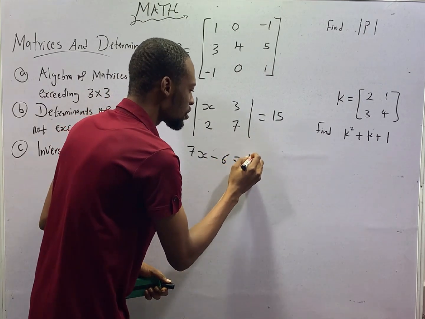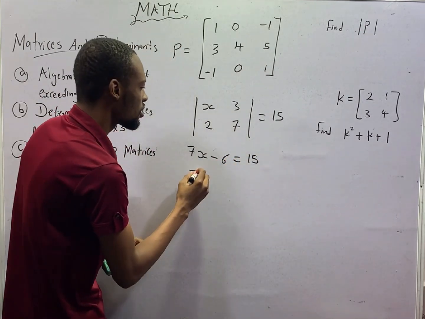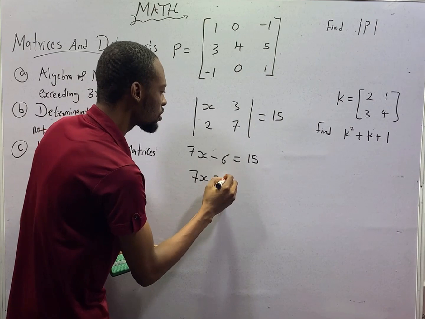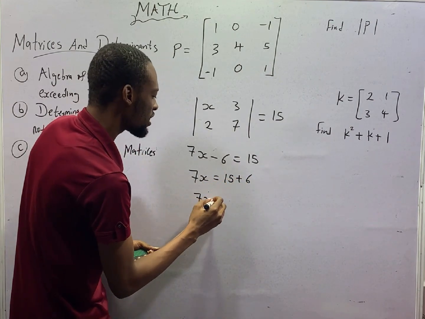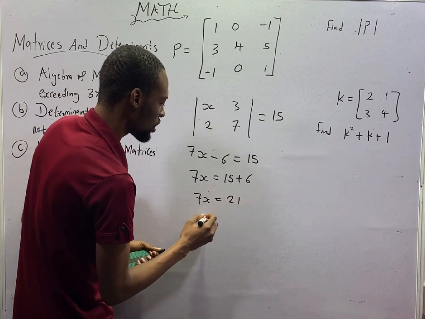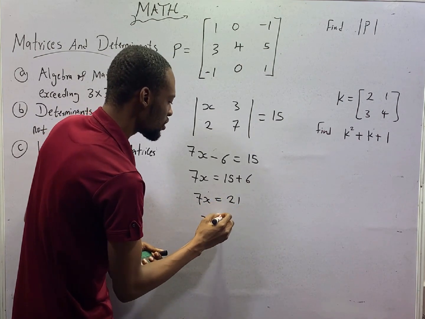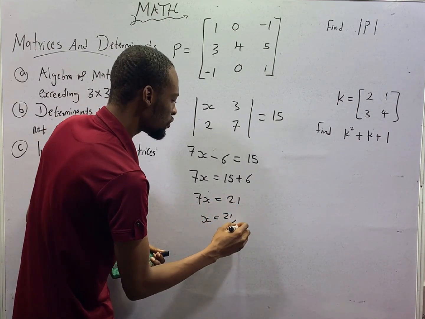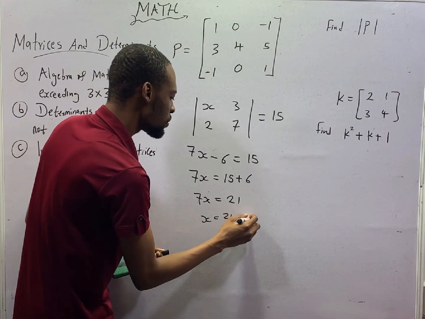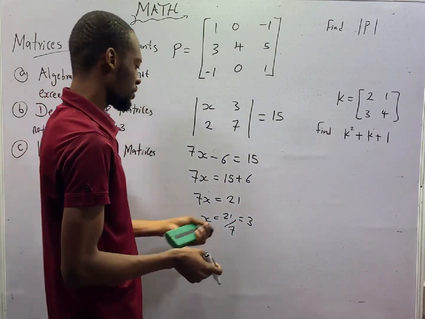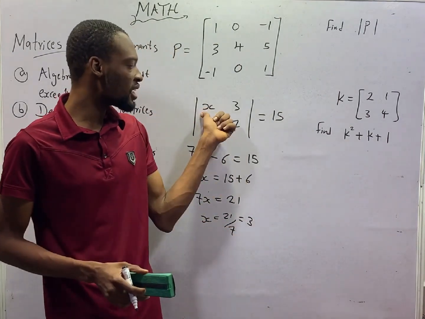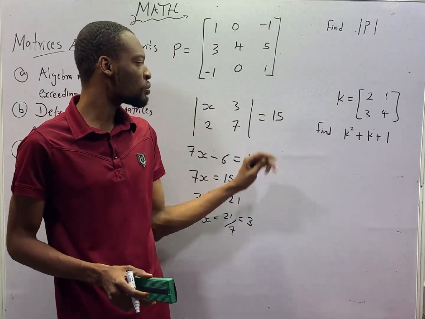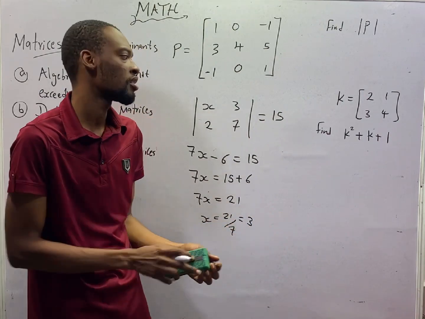This equals 15. 7S equals 15 plus 6. 7S equals 21. S equals 21 over 7, and that should give you 3. This is the value of S. If you actually put 3 here and find the determinant, it will equal 15.